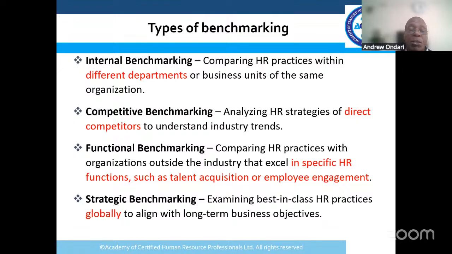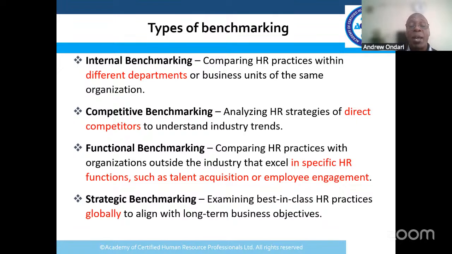For example, there are various methods of appraising people. Some use 360, others use self-appraisal, others use peer appraisal, and others also use customer appraisal.